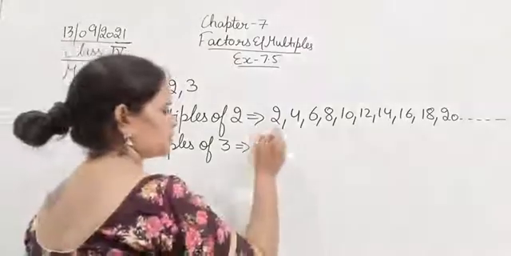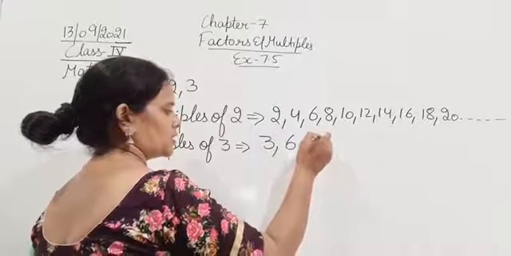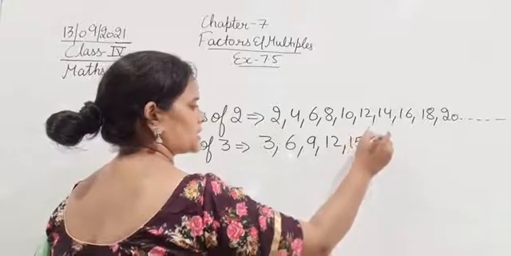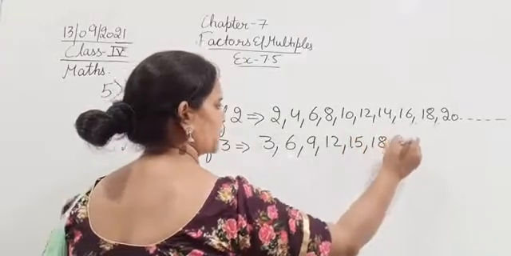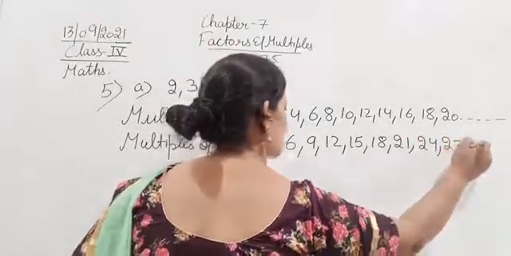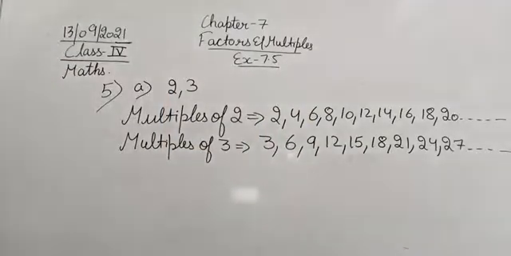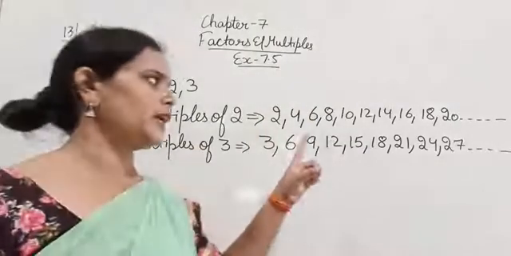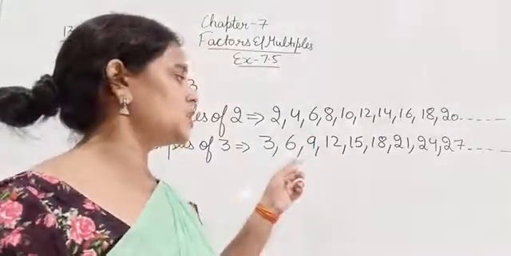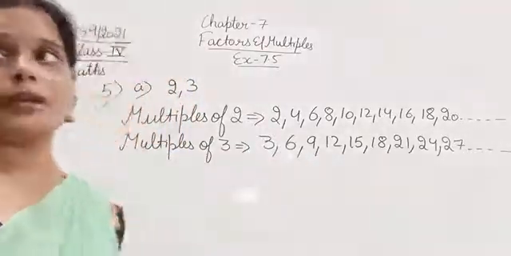So let's find out. 3 1s are 3, 3 2s are 6, 3 3s are 9, 3 4s are 12, 3 5s are 15, 3 6s are 18, 3 7s are 21, 3 8s are 24, 3 9s are 27 and so on. Okay, so these are the multiples of 2 and 3. Multiples of 2 are 2, 4, 6, 8, 10, 12, 14, 16, 18 and 20, whereas the multiples of 3 are 3, 6, 9, 12, 15, 18, 21, 24 and 27.